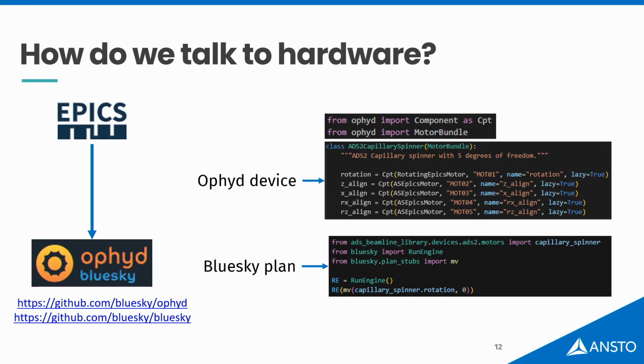So they have a simple move plan that I just grabbed from their library, and I told the rotation motor of my stage to go to position 0. As soon as I run this, my motor is going to rotate until it reaches 0 degrees, and that's it. That's all we have to do to interact with the motors via Python. These 2 libraries, they've been developed by another synchrotron over in the US, and they are used in a bunch of other synchrotrons around the world.